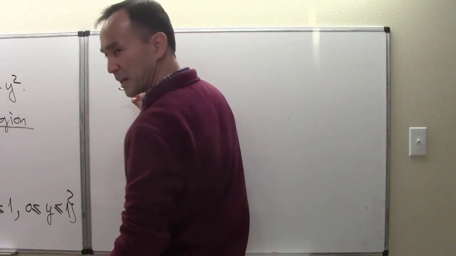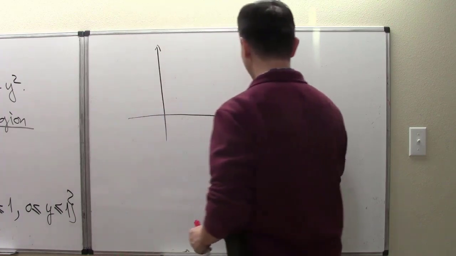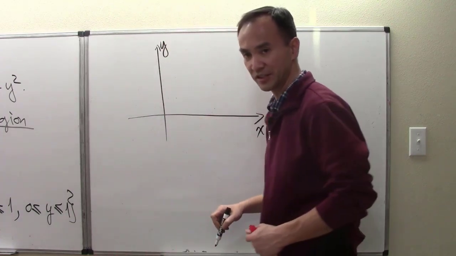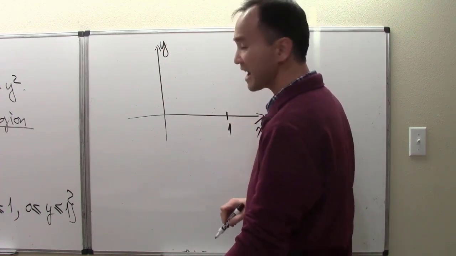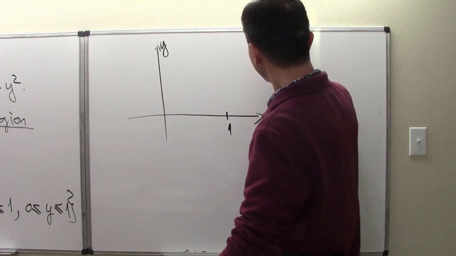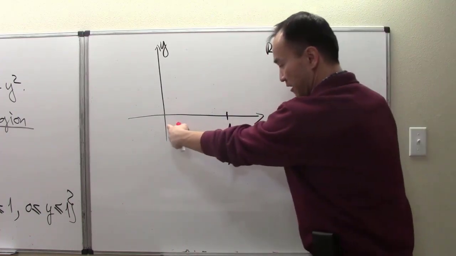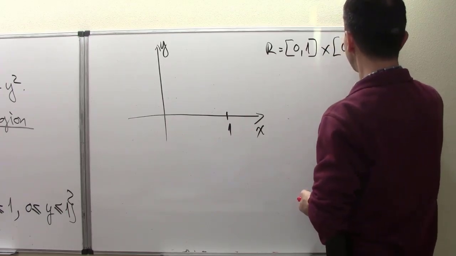So to have a picture of the region, on the x-y floor, the x-axis is here, the y-axis is here. Just think about the interval from 0 to 1 on the x-axis. You see the region was written as [0, 1]. The first part is on the x-axis, and then cross [0, 1] again.